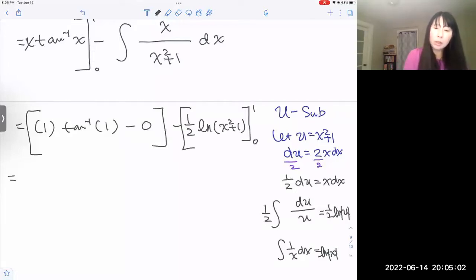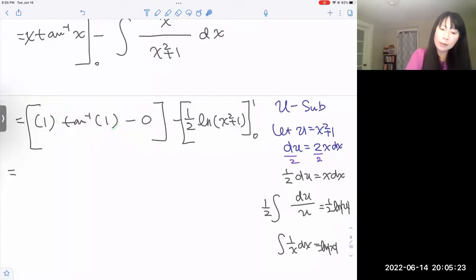All right, so what do you have for this one? Inverse of tangent of 1. Okay, think about that.